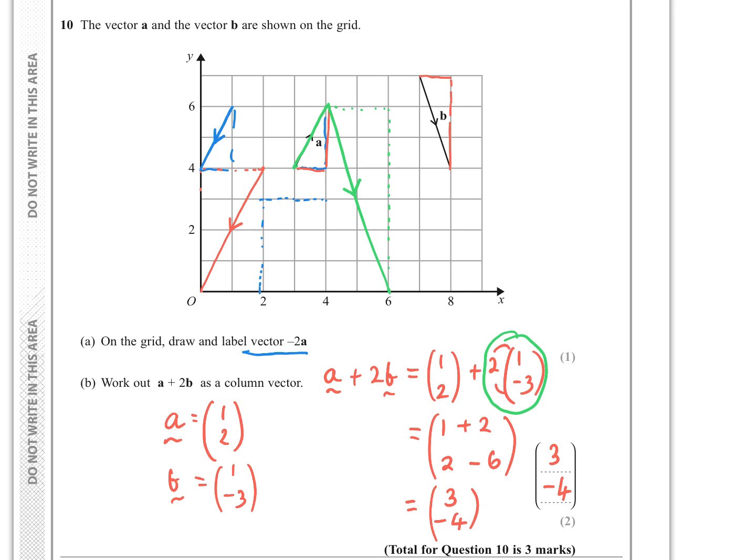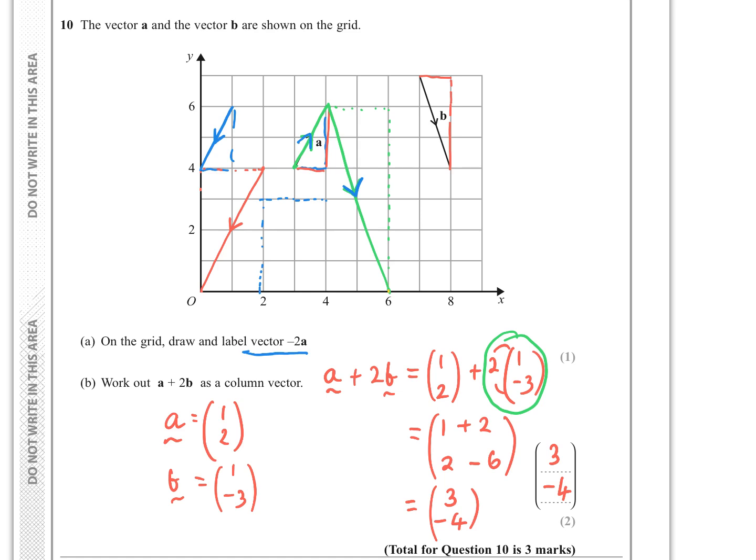And then we would have our resultant vector. So we'd have a plus 2b, and that would be equal to this one here. And we've already got our answer.